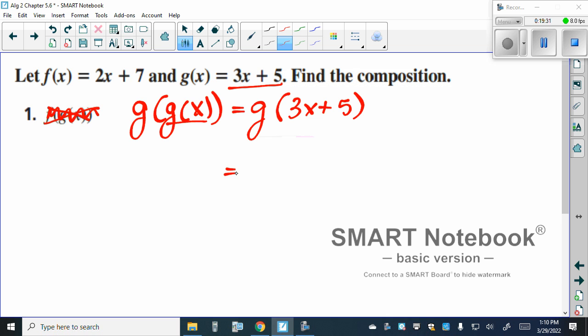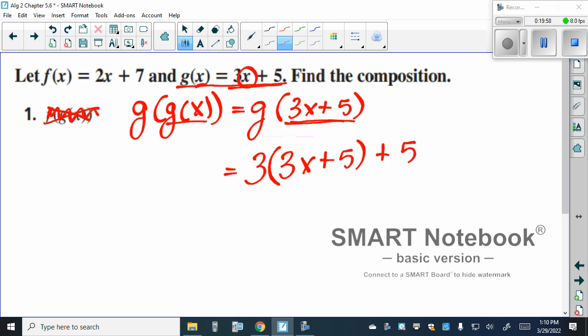But here we have g of 3x plus 5. So again, we're coming back to this function, g of x, but we don't have x anymore for g of x. We have g of 3x plus 5. So we're going to replace the x in g of x with 3x plus 5. So we're going to have 3 times 3x plus 5, plus 5.